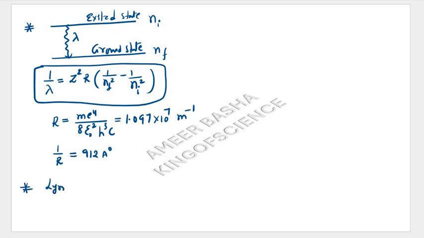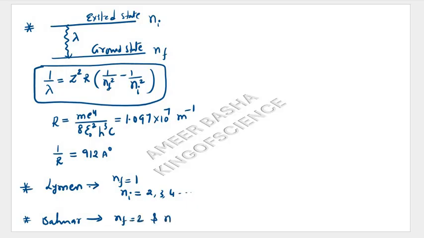Lyman is the one where the electron finally comes to the ground state. Initially it can be anywhere, on 2, 3, 4 and so on. Afterwards the Balmer series will be there. Finally the electron comes to 2, and initially the electron can be anywhere, 3, 4 and so on.